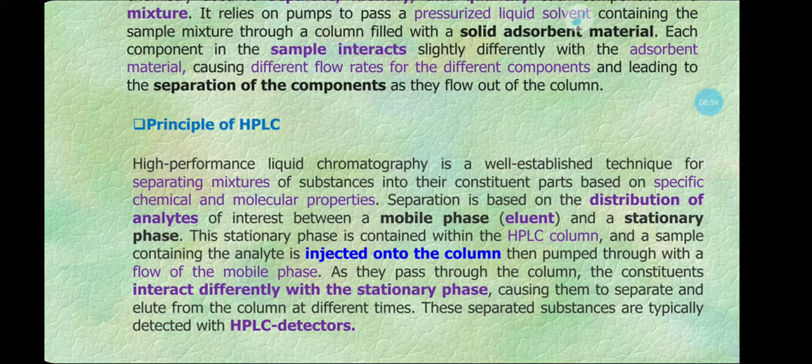That's why they interact differently with the stationary phase, and that results in the separation of the sample components, which elute through the column at different time intervals, and these separated substances can be detected by different detectors, UV detector, RI detector, etc.